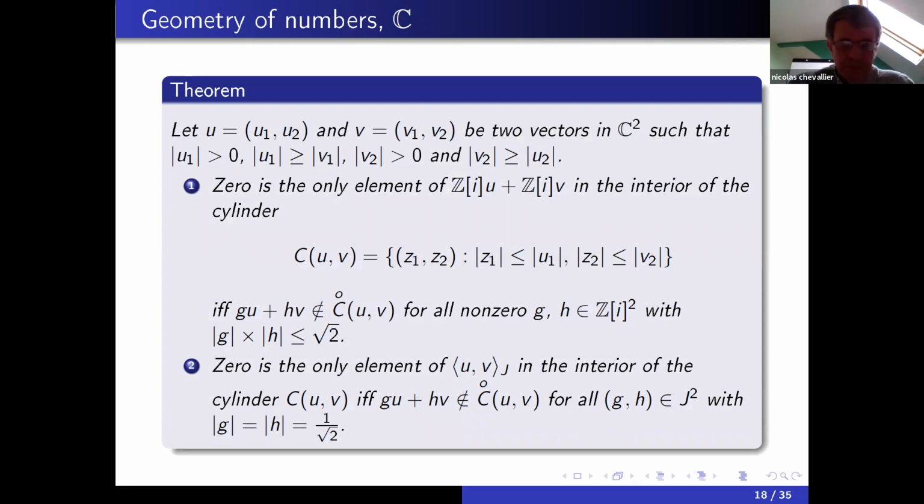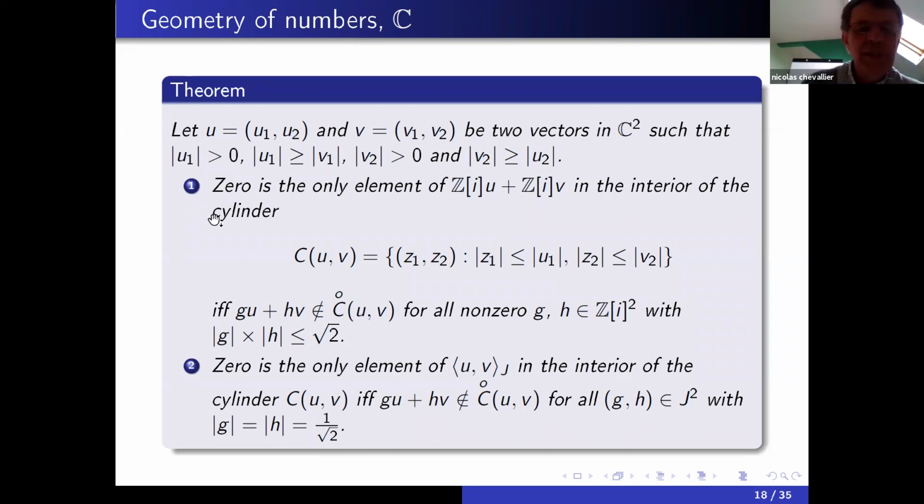What we want is to recognize when two vectors are consecutive minimal vectors in a lattice. And we know that when they are consecutive minimal vectors in a lattice, either they are consecutive minimal vectors of index 1 or of index 2.